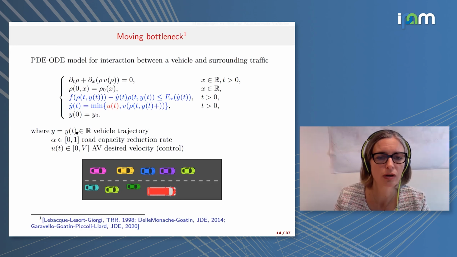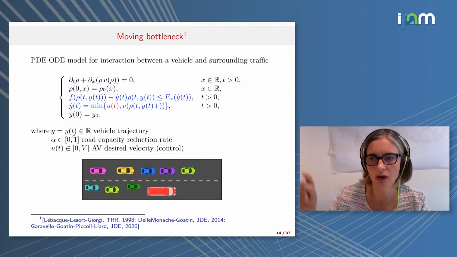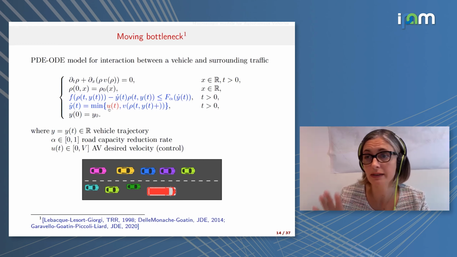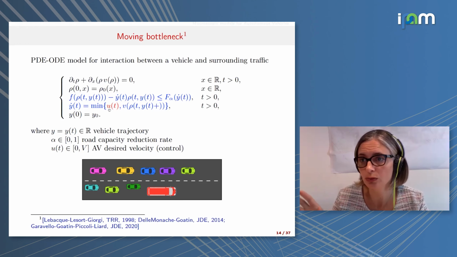So our autonomous vehicle position is denoted by y of t, so it's evolving in time, and it moves with a desired speed u of t, that is the speed that we want this vehicle to move.